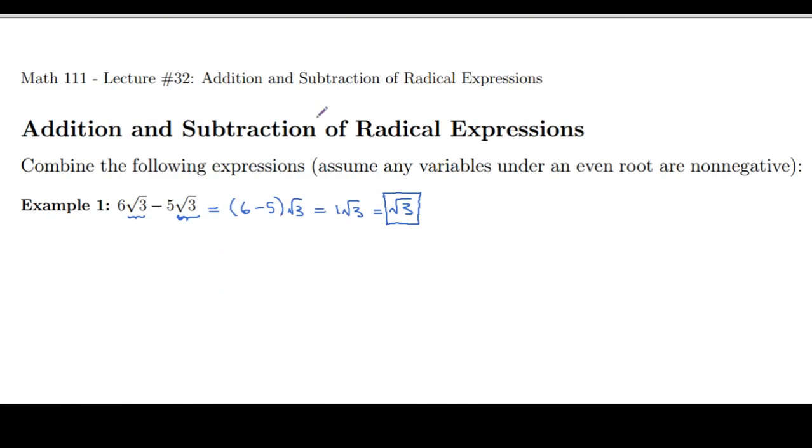Okay, so for our next example, we're going to be simplifying some things that have variables, variable x. But in this series of problems, assume any variables under an even root are non-negative. What that means is, you know how we had that property before that says, if you recall, that the square root of x squared is equal to the absolute value of x?